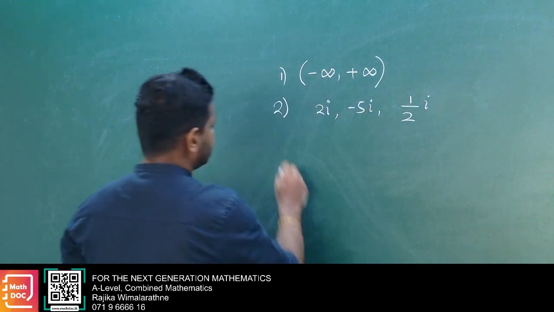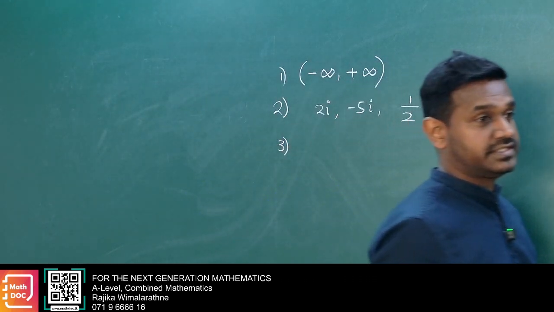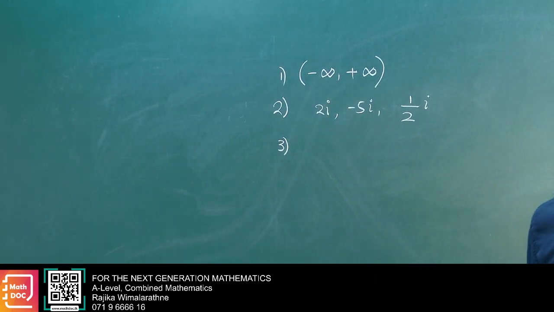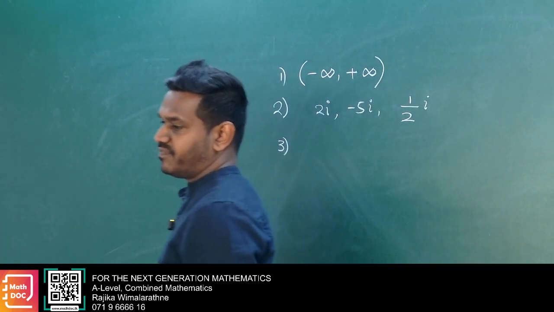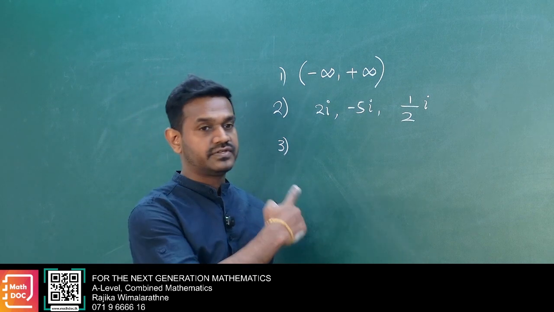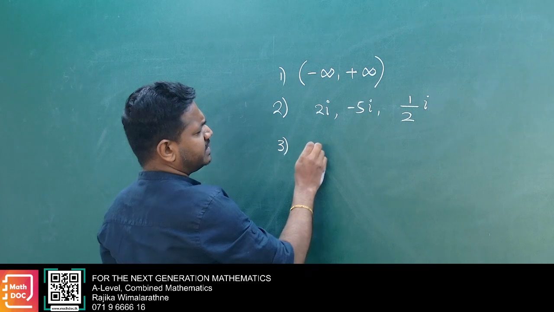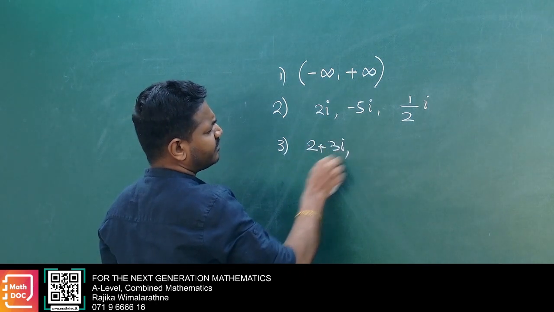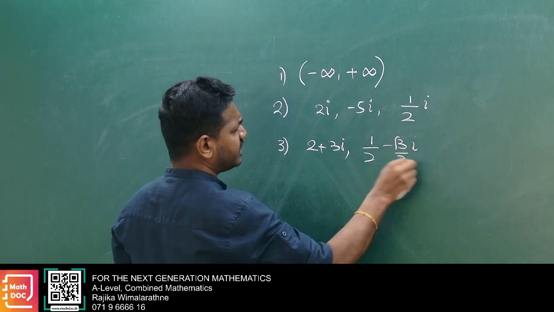Okay. Third, complex solutions. So we have identified those now. Then complex means a combination of real and imaginary. 2 plus 3i. Half minus root 3 i, root 3 over 2 i.